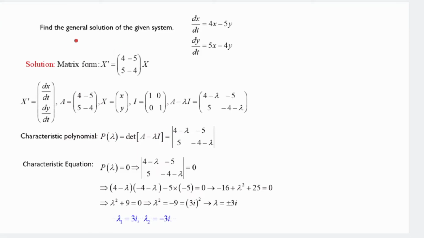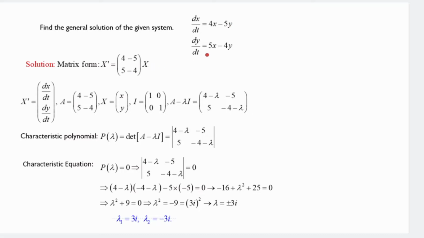So here I consider this example as dx/dt equals 4x minus 5y, dy/dt equals 5x minus 4y. So we rewrite this system in matrix form. So x prime equals Ax, here A is the coefficient matrix, 4 minus 5, 5 minus 4.